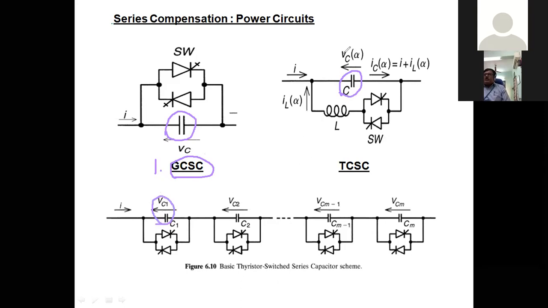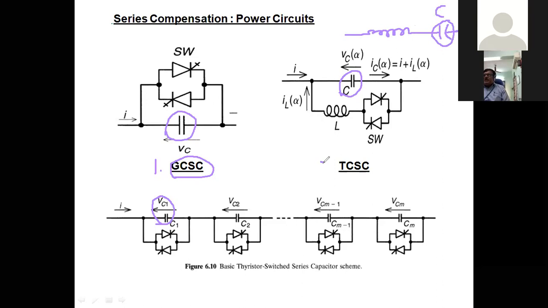In series compensation, the transmission line generally will be inductive in nature, so we connect a capacitance externally to compensate that transmission line. That's why the capacitance is common for all these three devices: GCSC, TCSC, and TSSC.